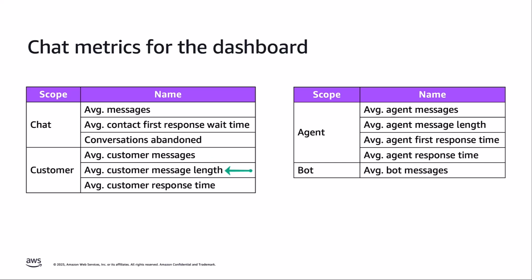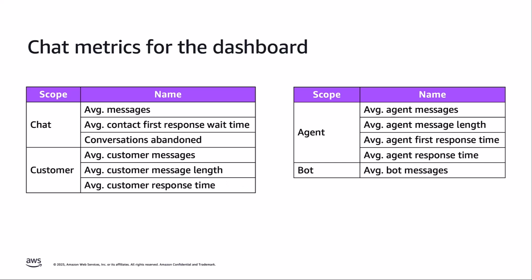Average customer message length is the average length in characters of messages sent by customers. Average customer response time is the time in seconds of an agent's first message in a turn until the customer responds, even if the agent responds or sends multiple messages before receiving a customer reply.